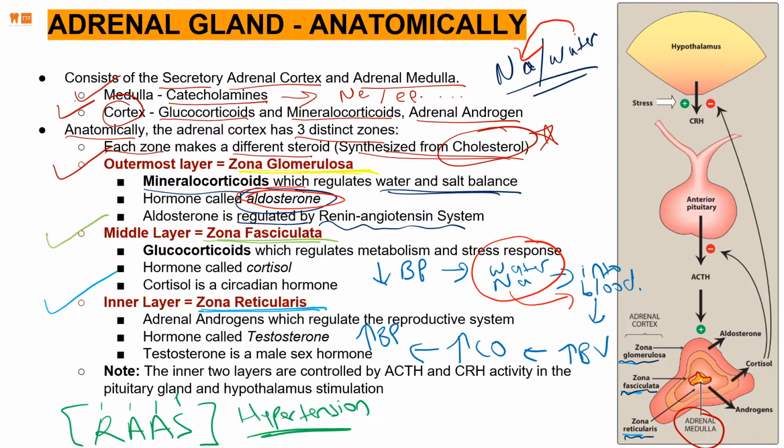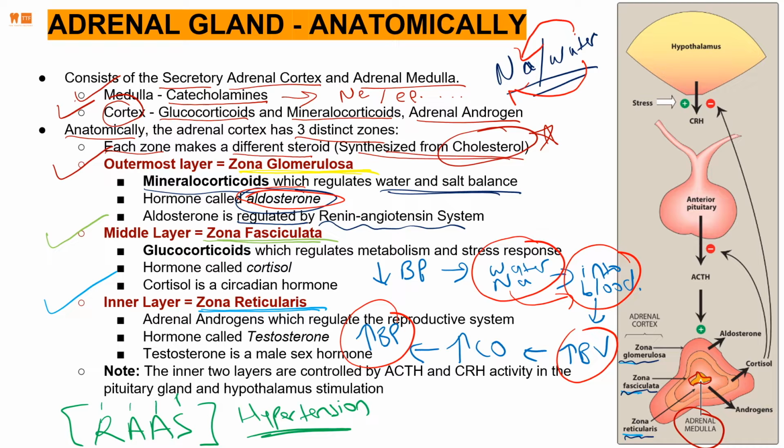Stop it from going outside of the body in urine and bring it back into blood. Water says, uh-oh, my partner is leaving, I'm going to follow. So water follows sodium into the blood and blood volume goes up. Guess what it causes? Hyperaldosteronism causes an increase in blood pressure.